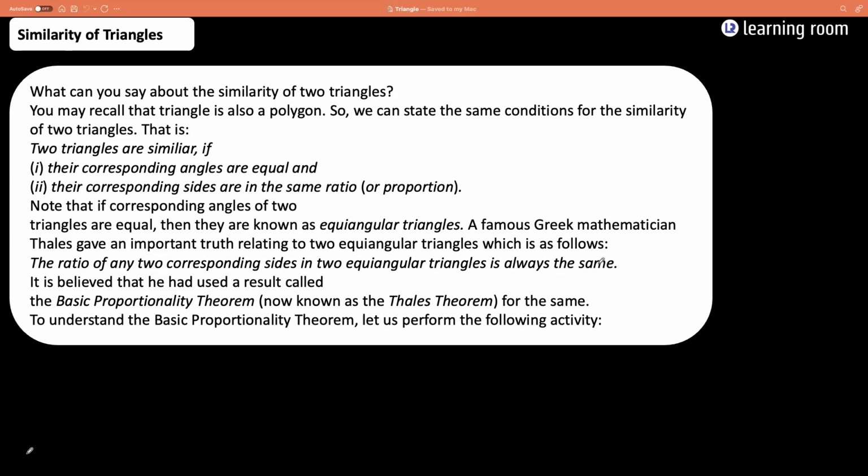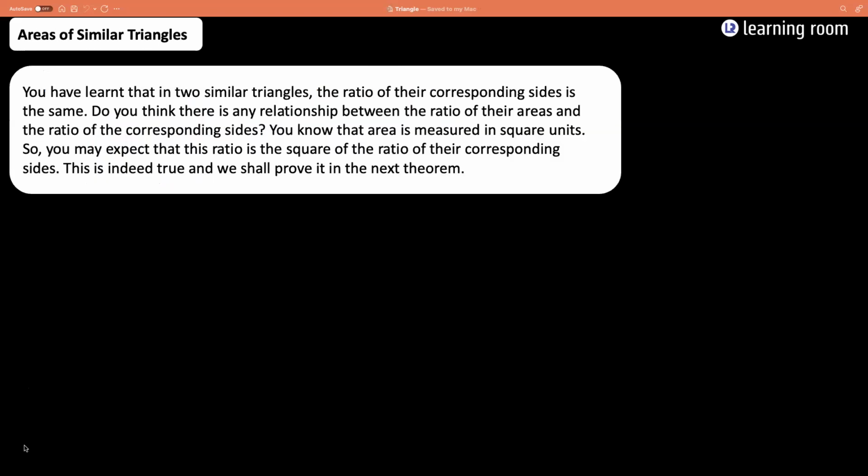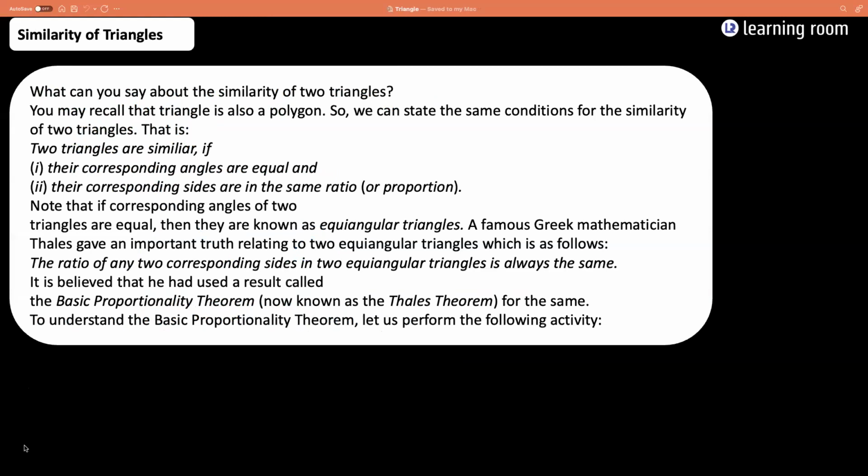What is the first theorem you have learned with respect to similarity of triangles? There is something called BPT. What is BPT?